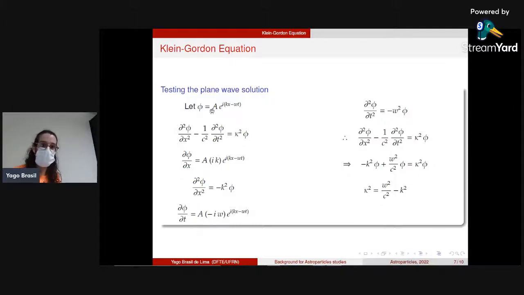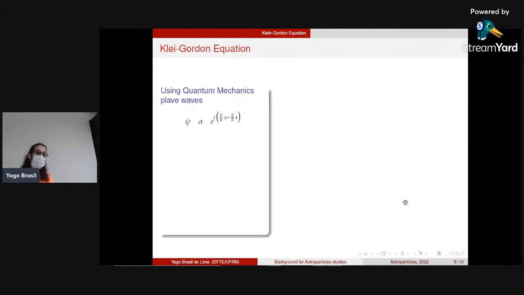If my field behaves like a wave, my kappa has a physical interpretation connected with the omega and the k of the wave parameters. And here we have a little trouble with the notation, because here is the k of the wave parameter, and here is the kappa of the Klein-Gordon equation. But it happens.